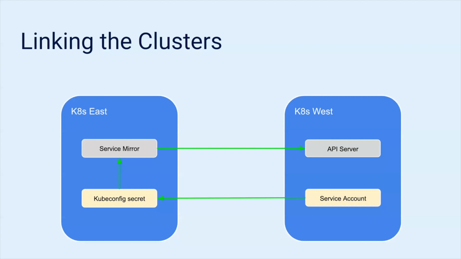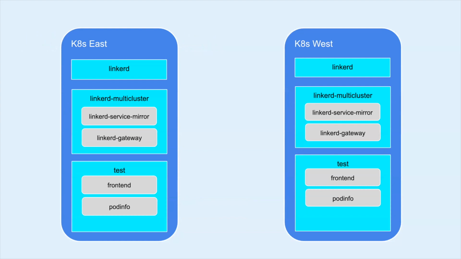It's getting started with multi-cluster, and there's a whole walkthrough, and I've basically taken that walkthrough, and that's going to be our demo for today. So the service account is exported as a Kubernetes secret, a kubeconfig file, and the service mirror then uses that secret to communicate with the API server on the other side. So this is where part of the security mechanism comes from, so that we're not exposing too much.